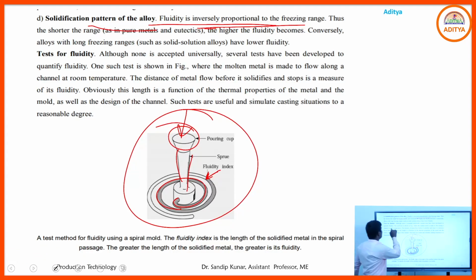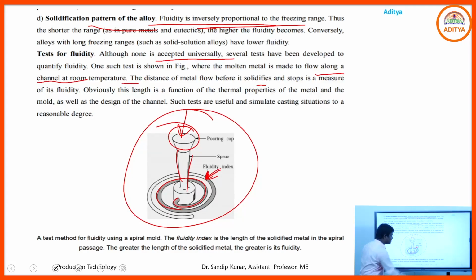Although none is universally accepted, several tests have been developed. One such test, shown in the figure, has molten metal flow along a channel at room temperature. The distance the metal flows before it solidifies and stops is a measure of its fluidity.